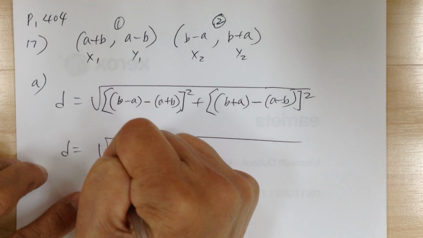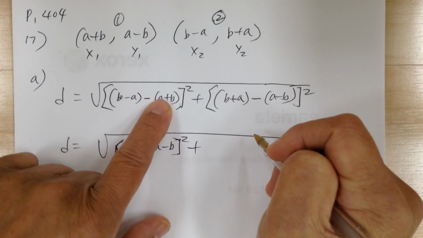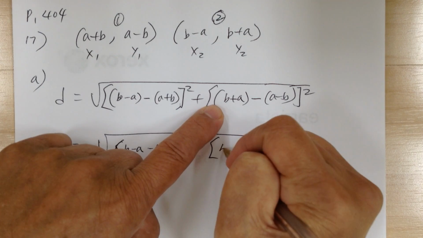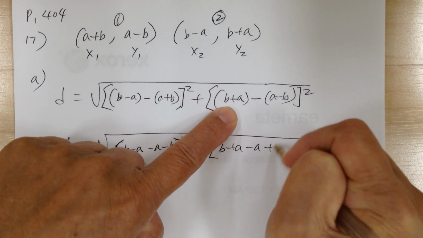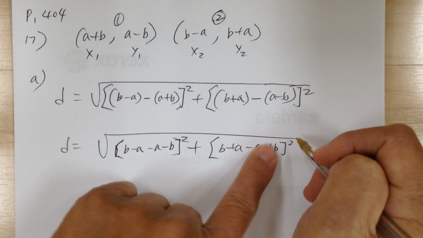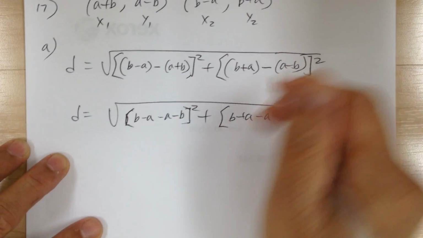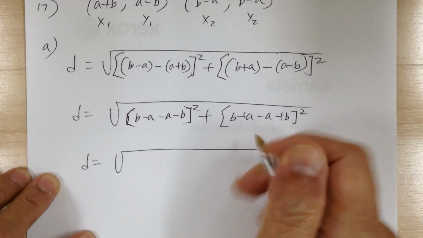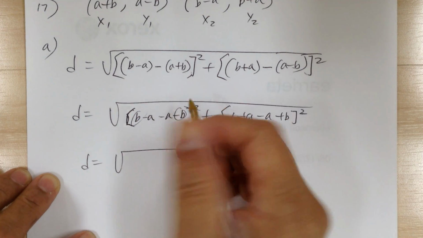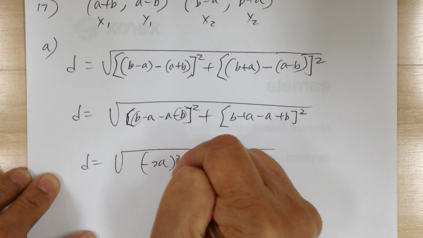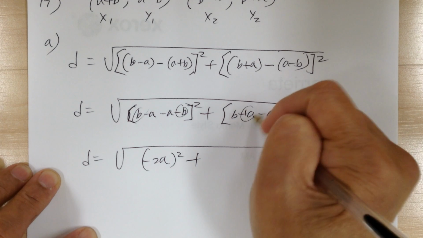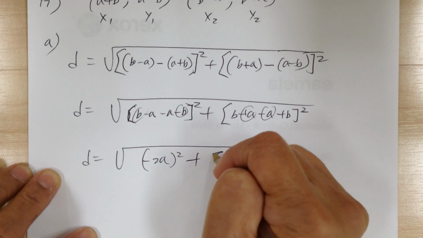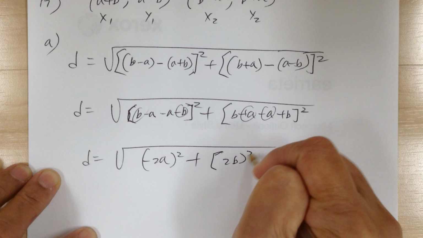So you're going to get B minus A minus A minus B. You can do it step by step. First get rid of parentheses, so you're going to get B plus A minus A plus B. Change the sign on the second parentheses. So this will cancel out, and you're going to get negative 2A squared. In this one, the A will cancel out, so you're going to get 2B squared.